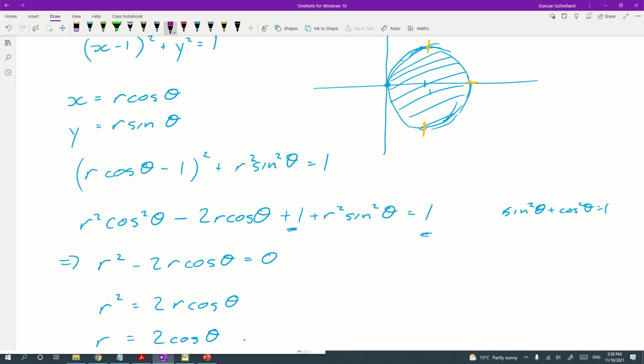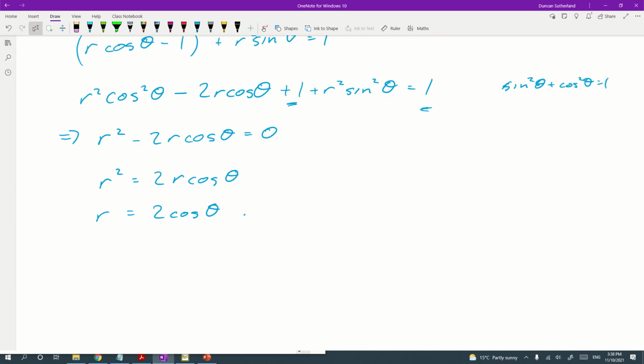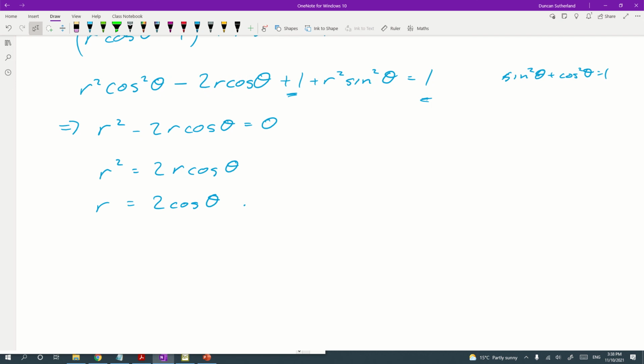We're starting at radius 0 here, going up to radius 2 cos theta, and then we're rotating around half of our circle, right? So we're scanning out the top half and then rotating it around by a distance pi.